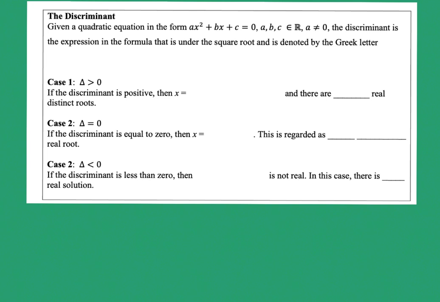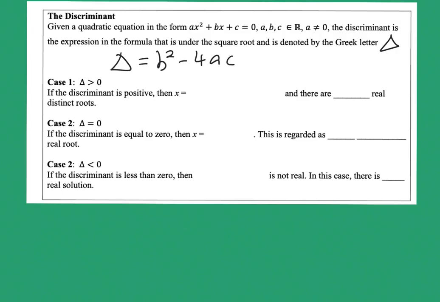The discriminant, given a quadratic equation of the form ax squared plus bx plus c equals 0, where a, b and c are real numbers and a is not equal to 0, is the expression in the formula that is under the square root, and is denoted by the Greek symbol delta. So delta is equal to b squared minus 4ac.